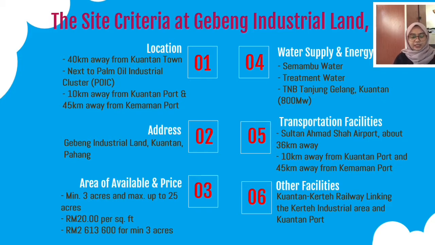And for the price, it costs RM20 per square feet, and the total is 2 million for the minimum 3 acres. For the water supplies, it comes from the Semambu water and treatment water, while the energy source comes from the TNB Tanjung Gelang, Kuantan, which supplies about 800 megawatts.